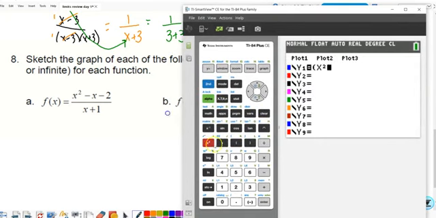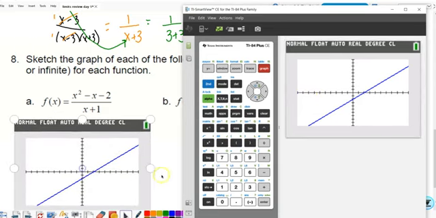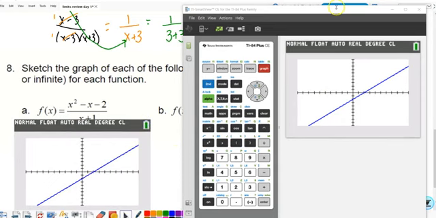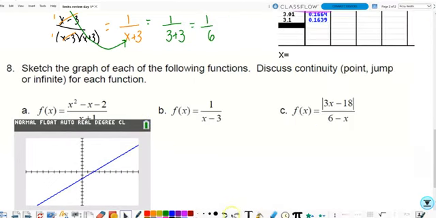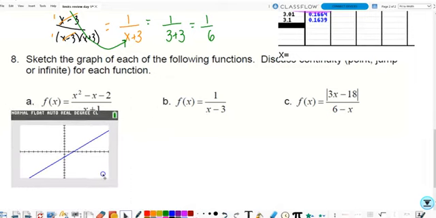Don't forget the parentheses around your numerator and denominator. And I don't know, that looks continuous to me. If I sketch that, it does not look like there's a discontinuity. But you are smarter than your calculator, and we need to do a little bit more investigating.